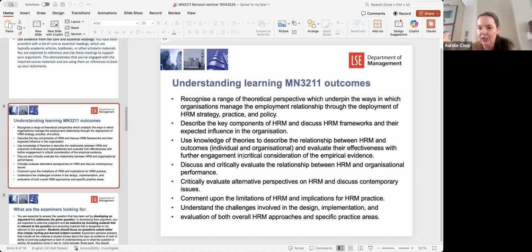Sometimes the question tells you, I want to focus your answer on the individual level, but sometimes the question doesn't. If the question doesn't, you want to think about what are the positive elements that the individual, the employee, will incur from this specific relationship or concept, but also what are the risks and benefits for the organization, right?